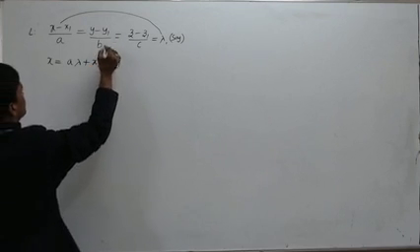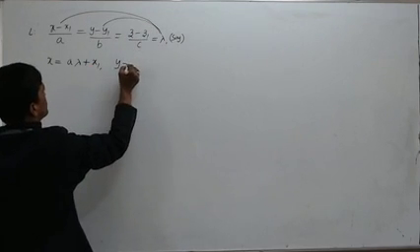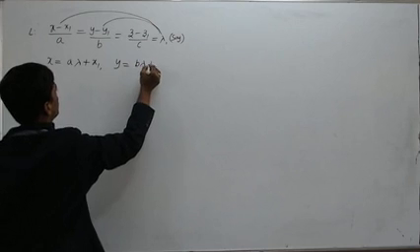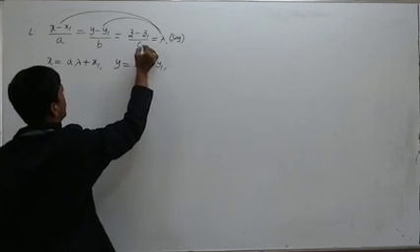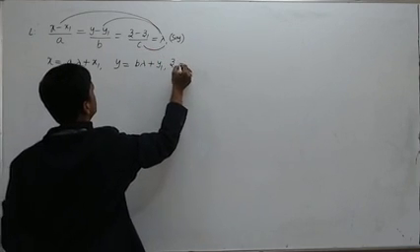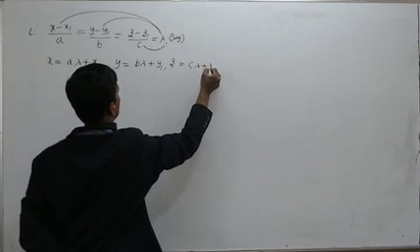Similarly, y is equal to b lambda plus y1, and z is equal to c lambda plus z1.